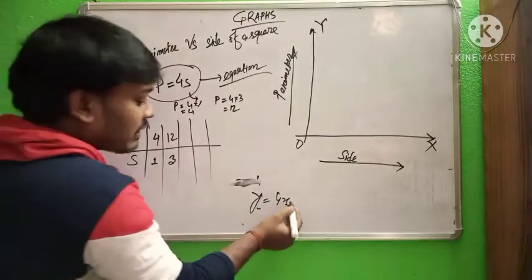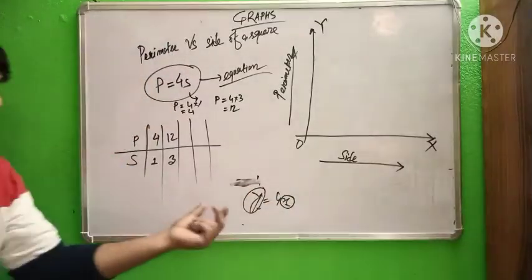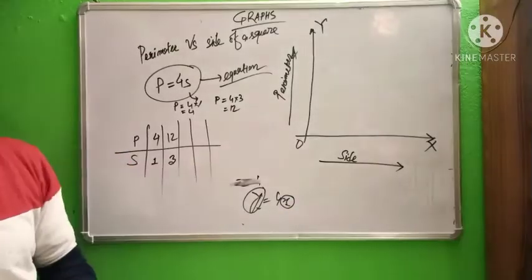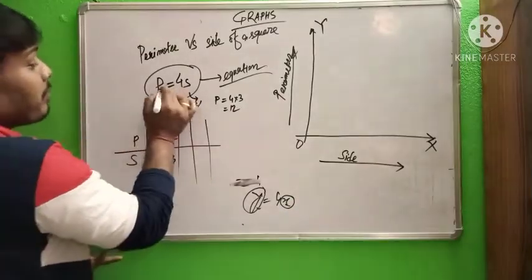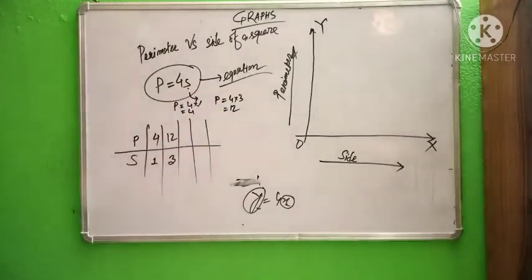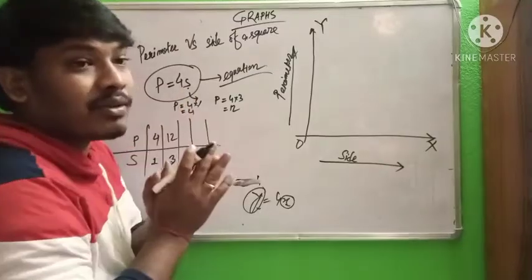They can be whole numbers, negative numbers, positive numbers, there is no problem. But here P equal to 4s, that means s is the length of a side, and length cannot be negative.